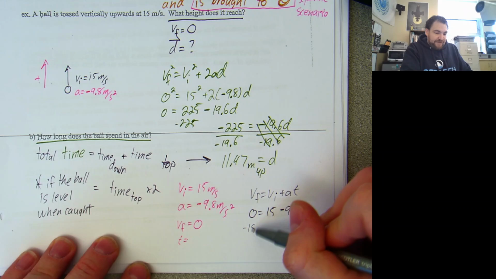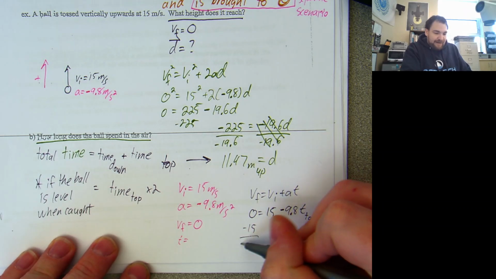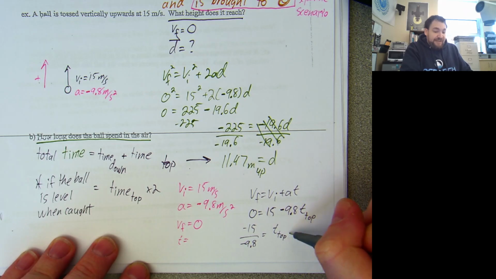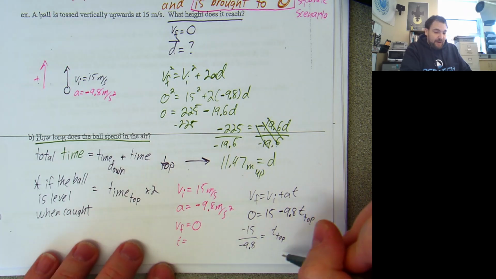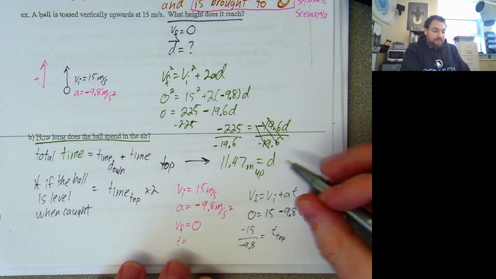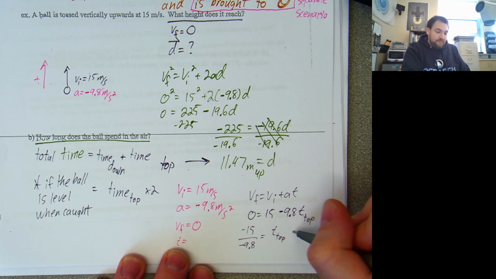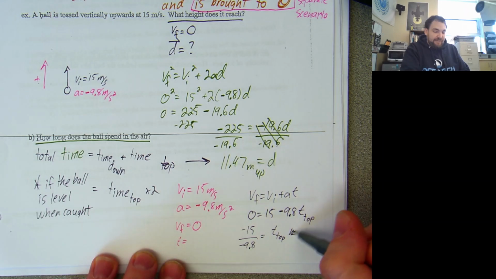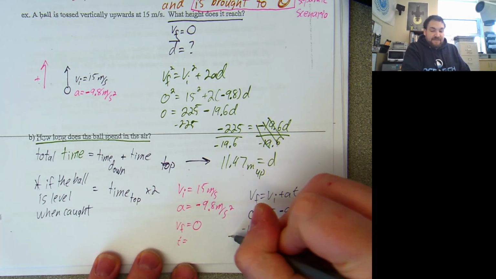We're going to subtract 15. We're going to divide it by negative 9.8. And we're going to find that the time for the ball to get to the top of the arc is going to be what? What is negative 15 divided by negative 9.8?